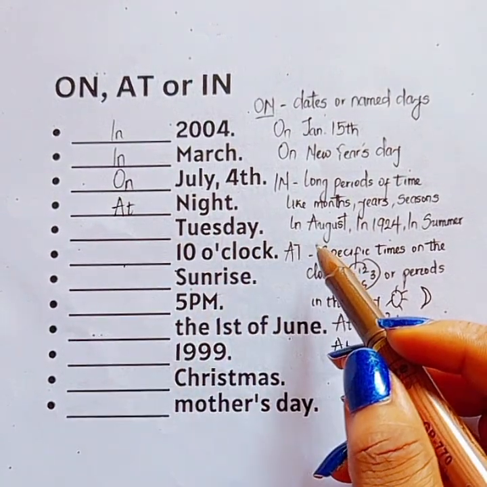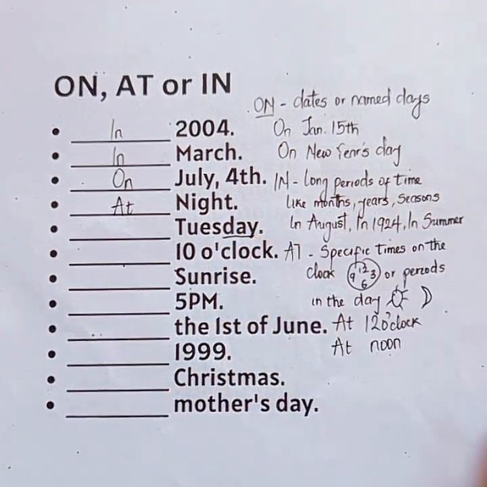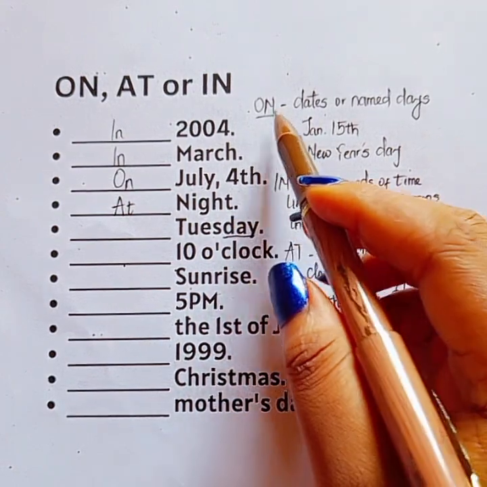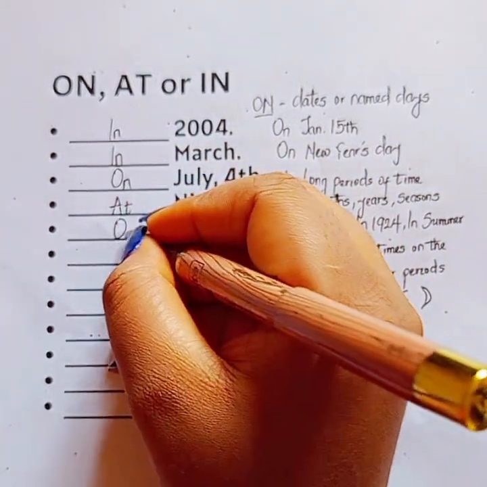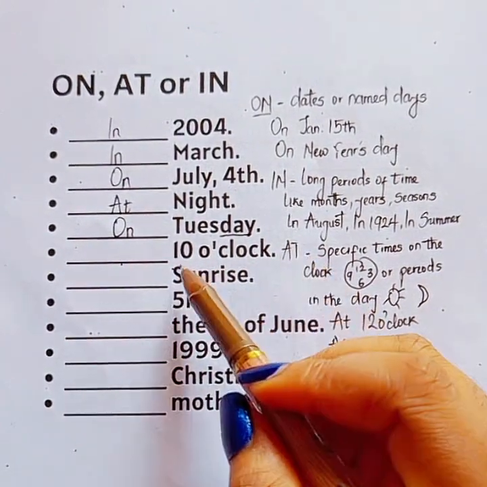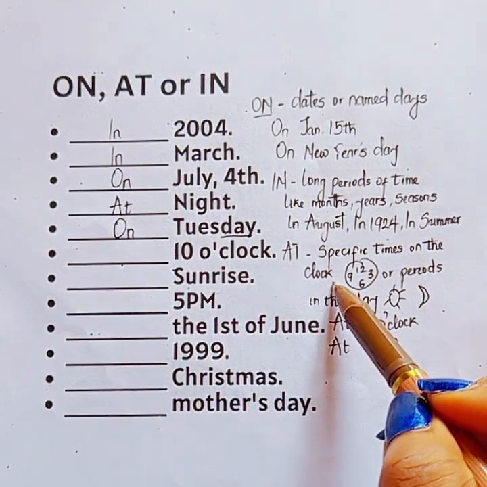Blank Tuesday. Now this is a named day. We have day here, okay? This is a named day. And for named days, we use on. So on Tuesday. Blank 10 o'clock. 10 o'clock, this is a specific time on the clock, right?